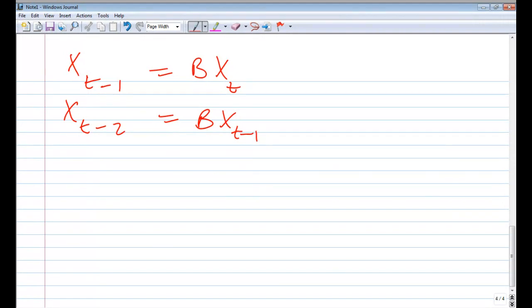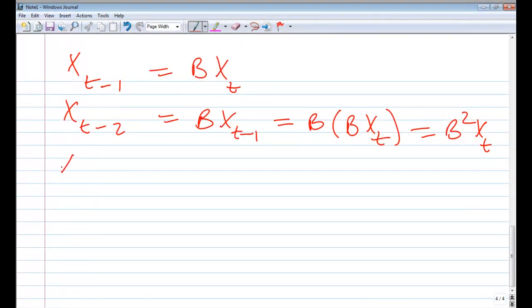But you have xt minus 1, so instead of xt minus 1, you can substitute bxt. This is equivalent to b times bxt, which is equal to b squared xt. So xt minus 2 is equal to b squared xt.